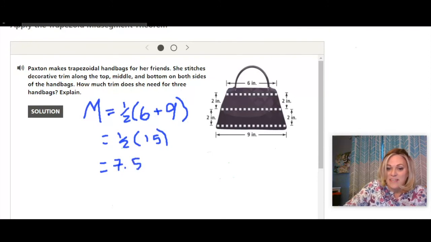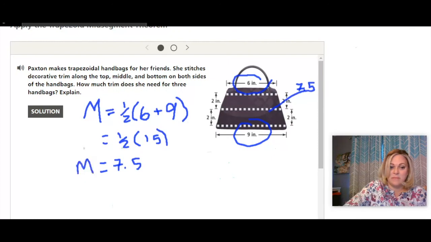So if this length right here is 7.5, and I have a 6-inch and a 9-inch, you need to figure out the total of those. So I've got the mid-segment. I'm just going to circle it so it's out of the way.